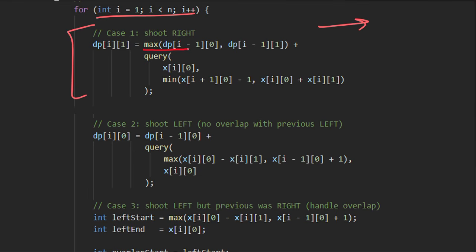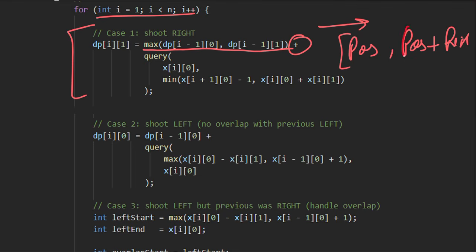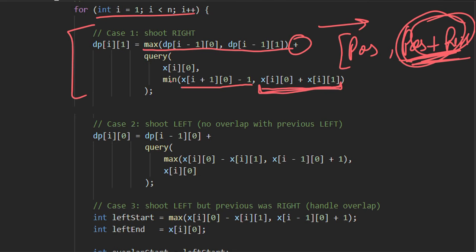That means we take the maximum of the previous robot, plus the number of volts from position to position plus distance. Or if some robot r dash is present, then we take the minimum of the position of that robot minus 1, or the position of the current robot plus distance. This query function returns the number of volts in that particular range.